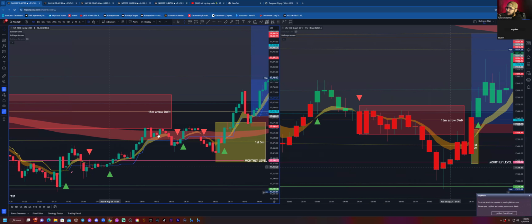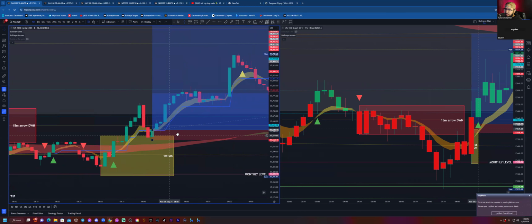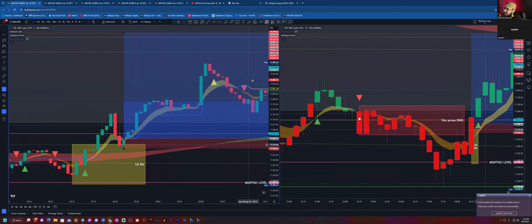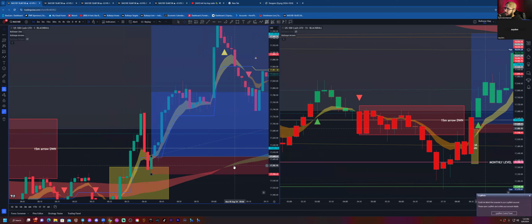All right, so taking this buy is so risky. So you have to risk proper. You have to make the risk very, very, very minimal. All right, in our case, we're risking 50 points.